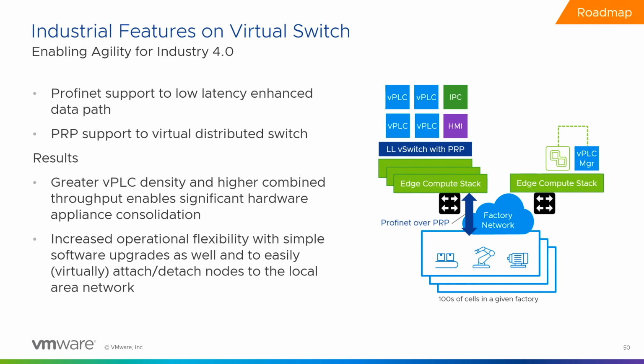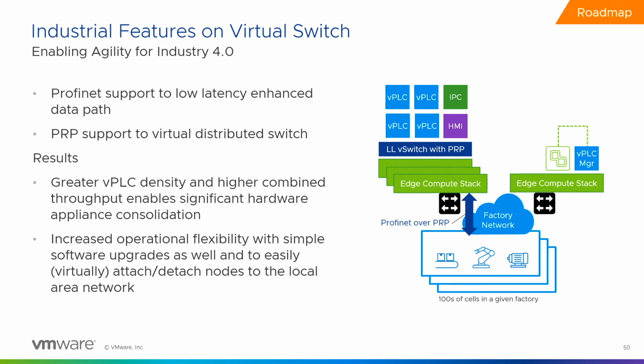It's just that for the vSwitch, or in this case the virtual distributed switch, we're going to enable these supported OT protocols, and it's going to be based on the enhanced data path of NSX. If you want more details about this, you can come talk to me at the expo. I'm going to be there for the rest of the week, and we can show you a prototype of how we demonstrate that.